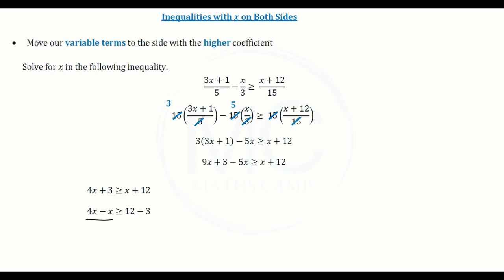Finally, 4x minus x gives us 3x. Let's put that over here. Is greater than or equal to 12 minus 3, which is 9. Finally, we can divide both sides by 3, and we see that x is greater than or equal to 3.